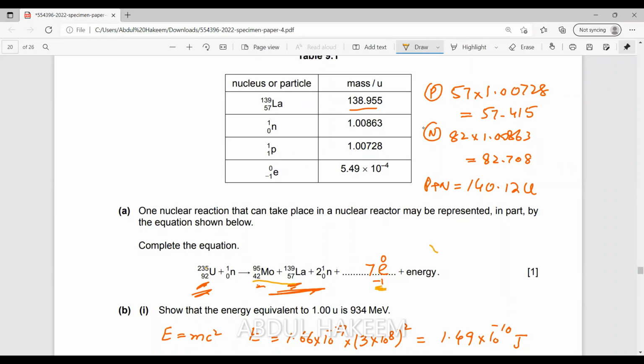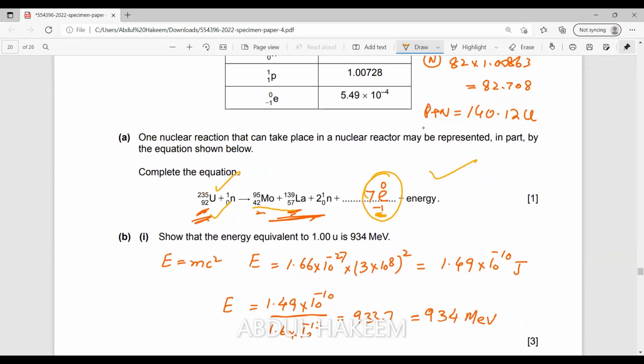So you have to count the number of protons and the number of neutrons plus protons, the mass number and the proton number. You have to justify. So 7 electrons are emitted. This is the completion of the equation.